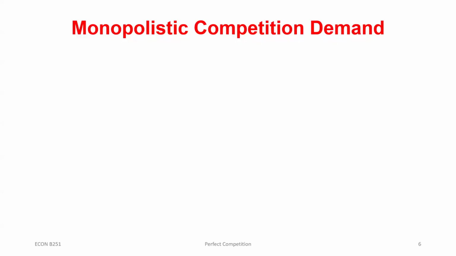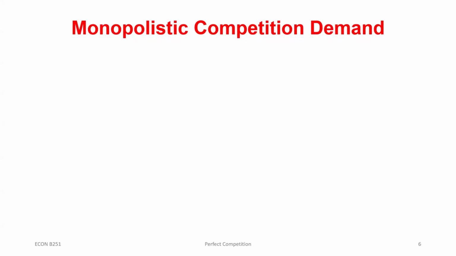Now, for a monopolistically competitive firm, there's an overall demand for hamburgers, but McDonald's faces a portion of that demand curve. So they have some control over the price because their product is a little bit different than others. Just like a monopolist, they're not going to face a horizontal demand curve. Their demand curve is downward sloping.